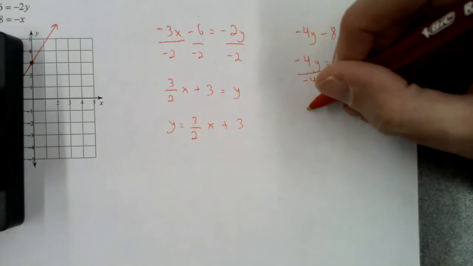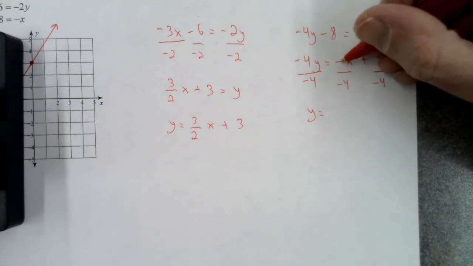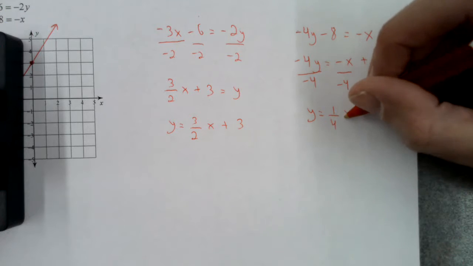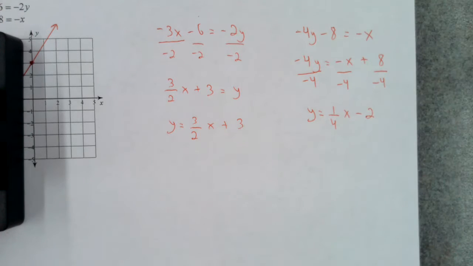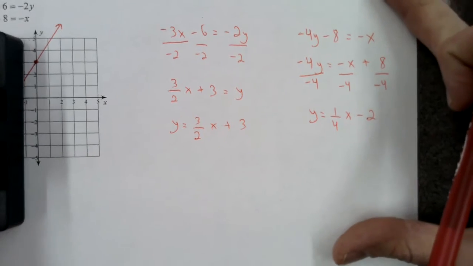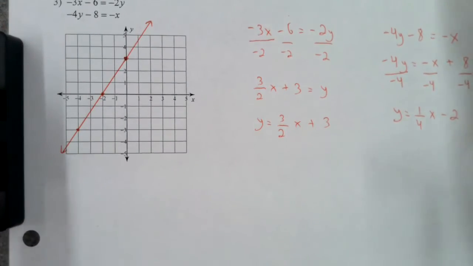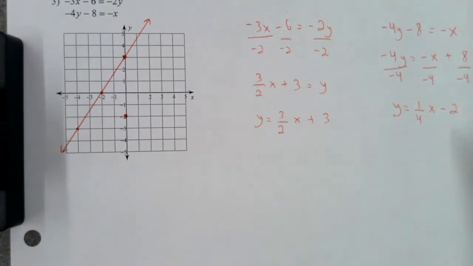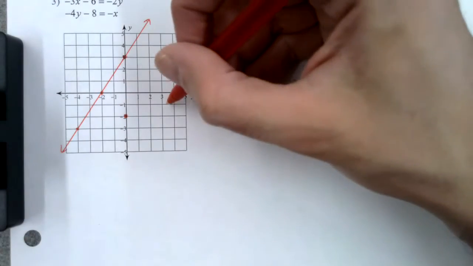y equals negative 1 over negative 4, which is 1 over 4 when you simplify it. 1/4 x minus 2. So that line has a y-intercept of negative 2. So let's graph that. Negative 2 for the y-intercept. The slope is 1/4, so you count up 1, right 4.